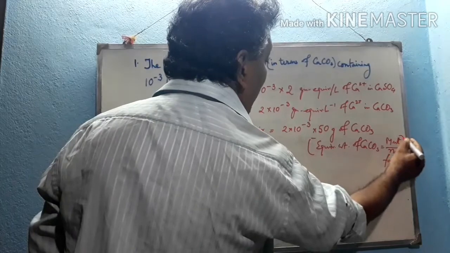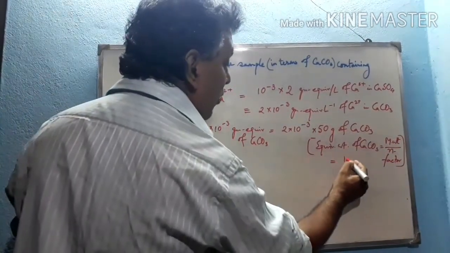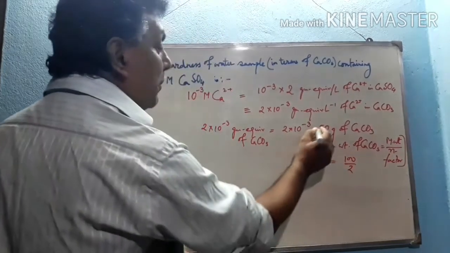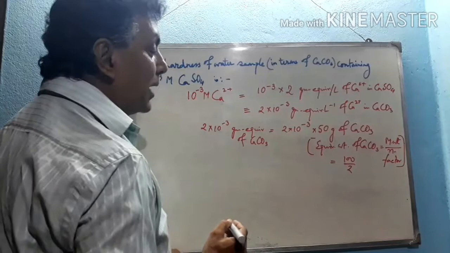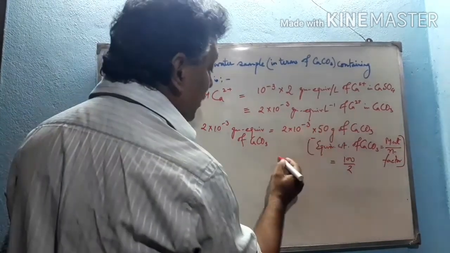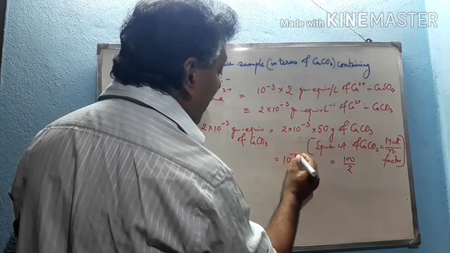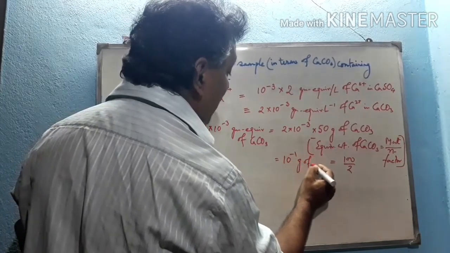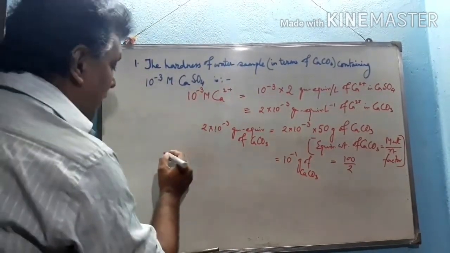Here the n factor is 2 because it is calcium 2+ ion, therefore 100 by 2. So 50 gram is the equivalent weight of calcium carbonate. 2 into 10 to the minus 3 into 50 means 100 into 10 to the minus 3, so 10 to the power minus 1 gram of calcium carbonate.